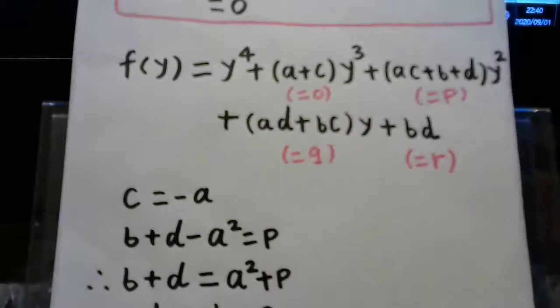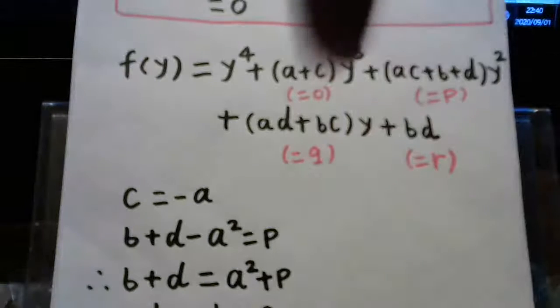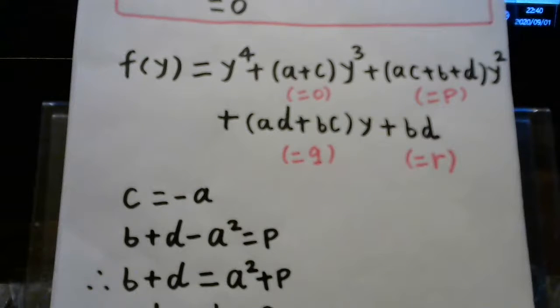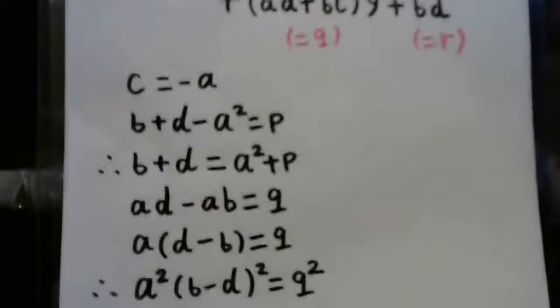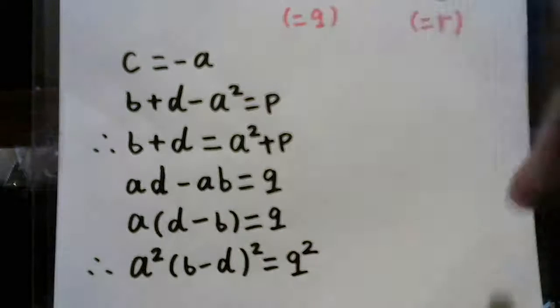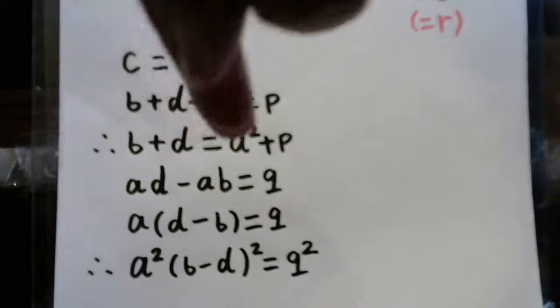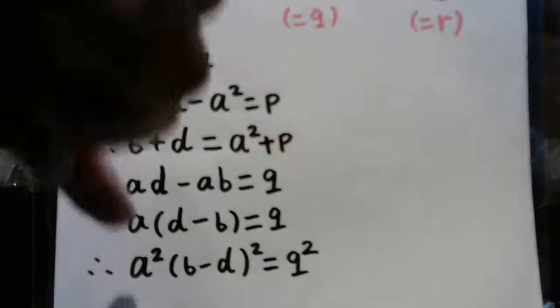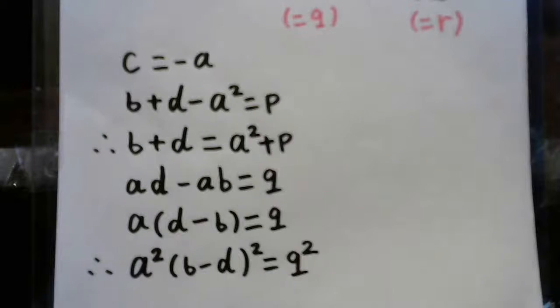It's squared, so the sign of b minus d doesn't matter. Since ad minus ab is equal to q, a times (d minus b) is equal to q, so a squared times (b minus d) squared is equal to q squared.